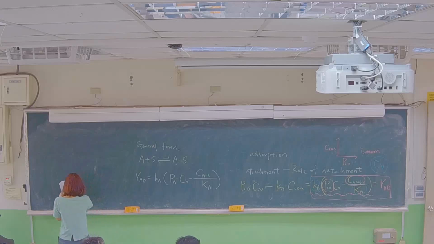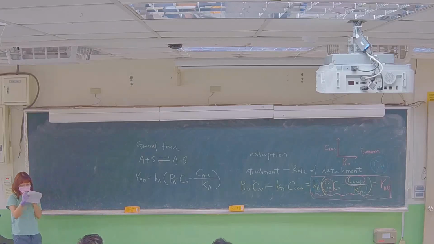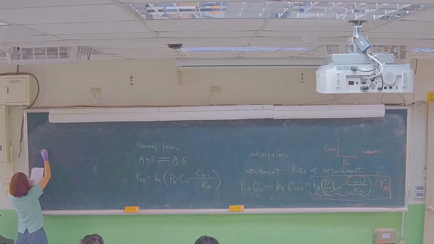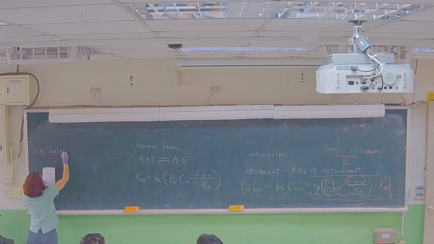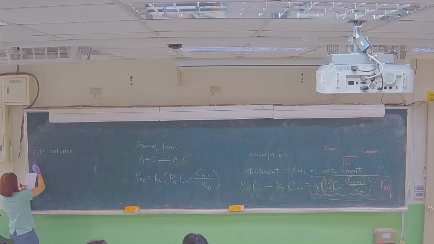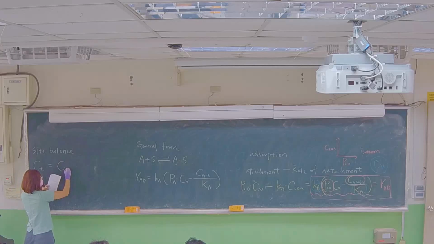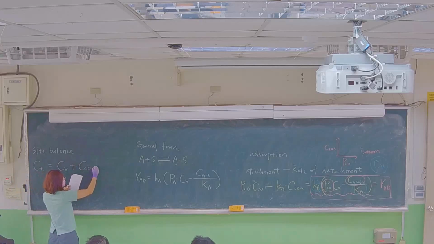At slide 35, CO is the only material adsorbed on the catalyst. In the site balance, the total concentration of sites equals the vacant sites plus the occupied sites.